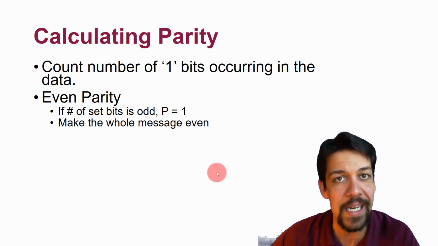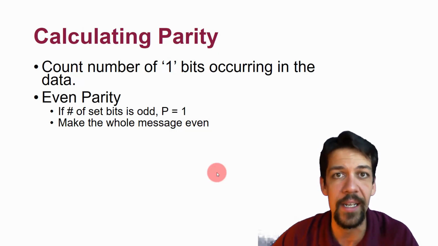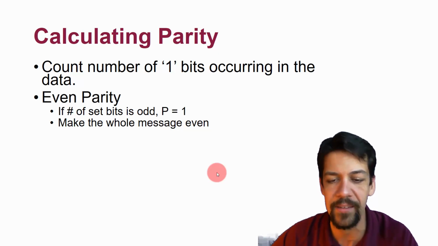If it's already even, we set the parity bit to 0 and it stays even. So the idea is we want to make the entire message, including the parity bit, an even number of bits.